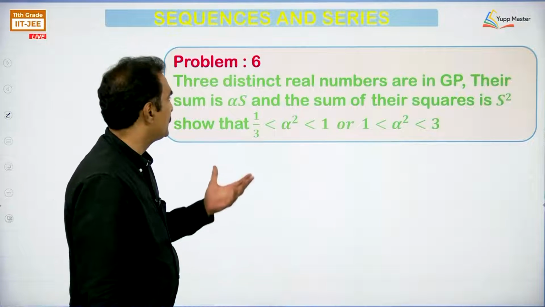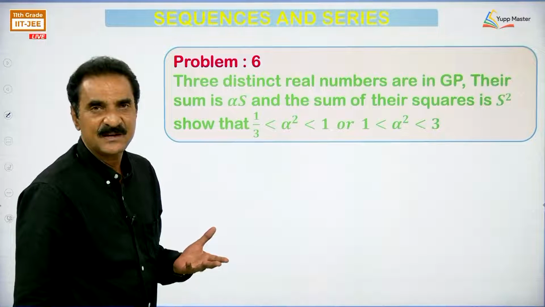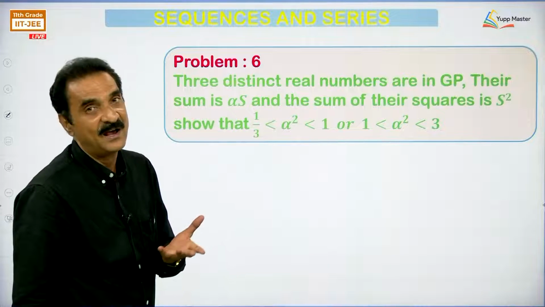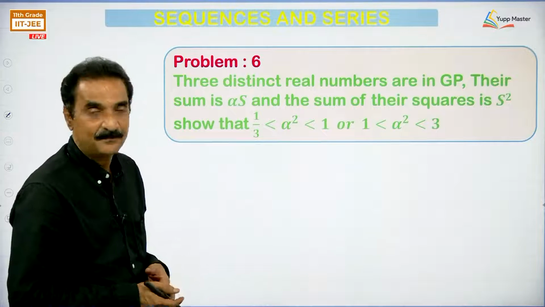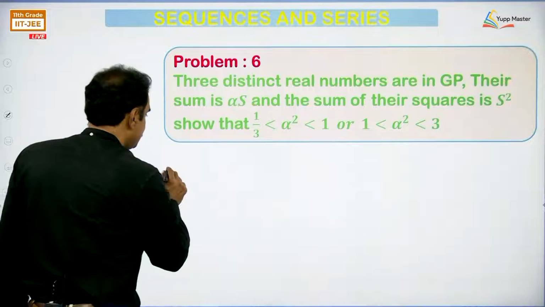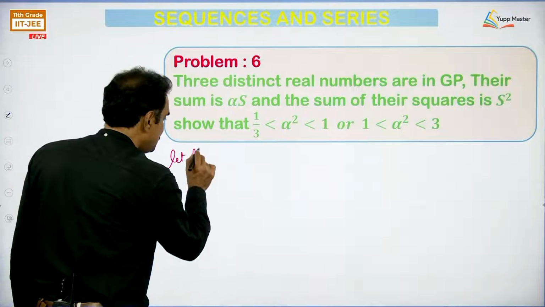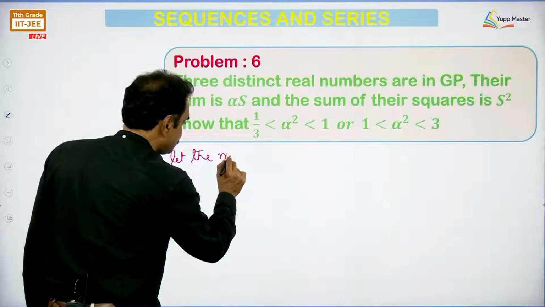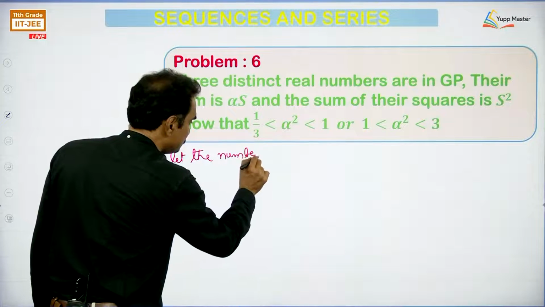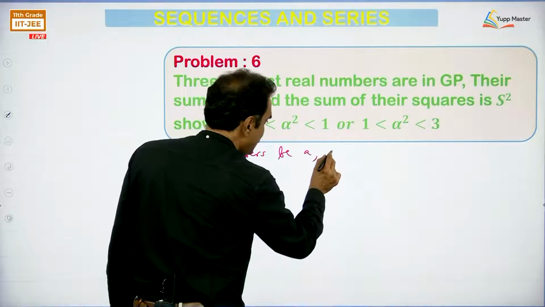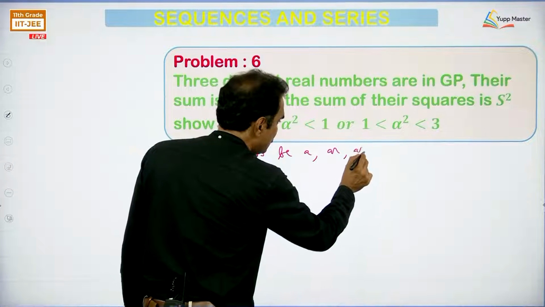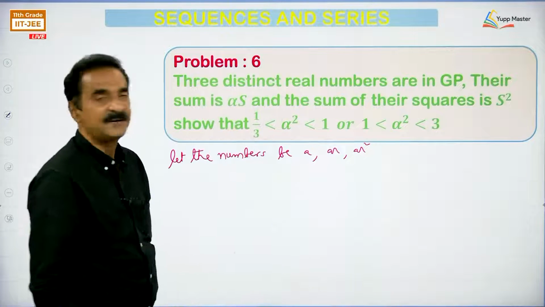Now as usual we take 3 numbers as A, AR, AR square, because there is no product involved in this question. Let the numbers be A, AR, AR square.